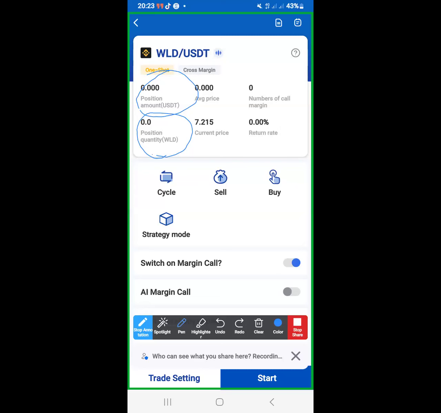You divide by amount, and it will give you the average price. You get that? Okay. So the average price simply is that.